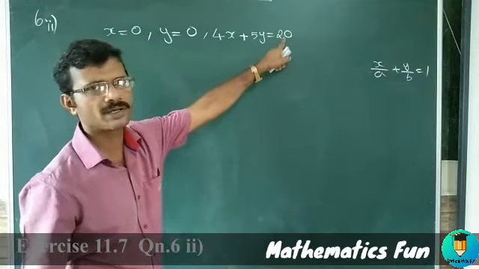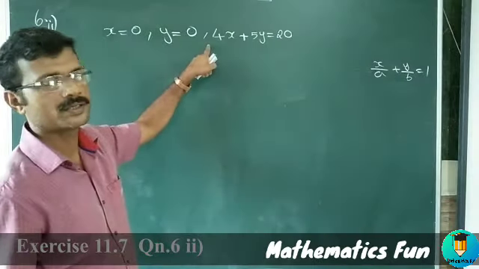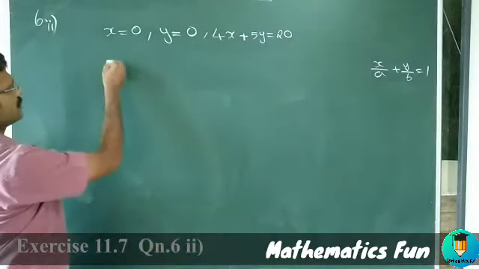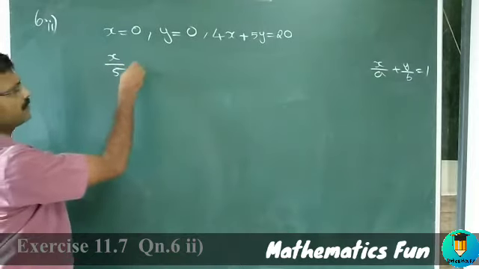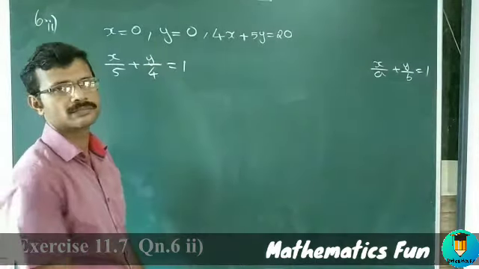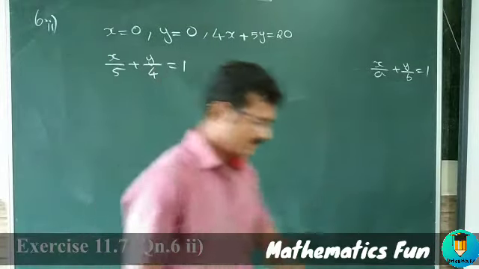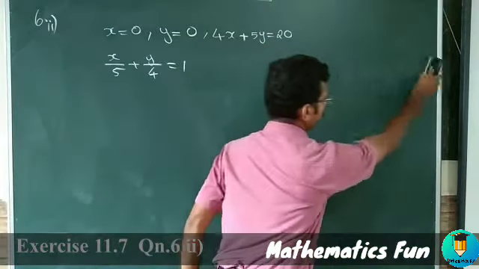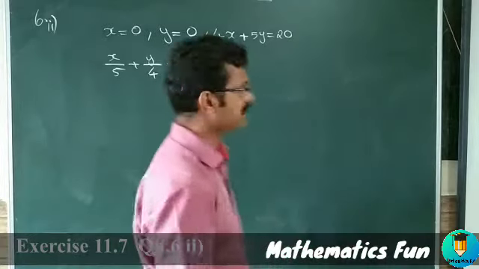We will make the right side 1, so you divide by 20. If I divide by 20, it will become x by 5 plus y by 4 is equal to 1. It becomes intercept form. Now I can fix up these three lines in the graphical plane.